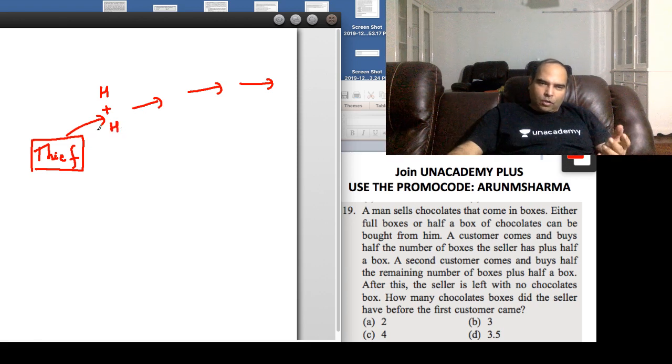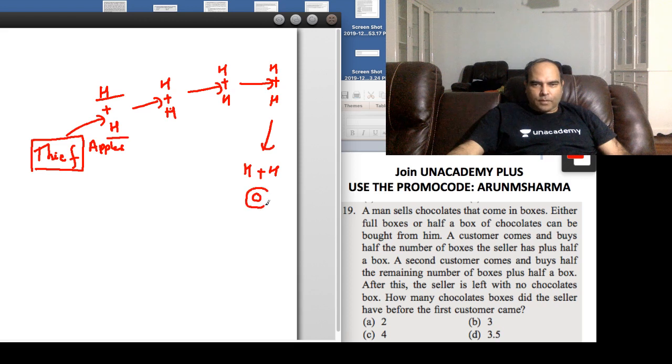Let's say he steals apples, and the first guard takes half the apples plus half an apple. The second guard does this, the third guard does this, and the fourth guard also does this, and the fifth guard also does this, and after that he's left with 0 apples.